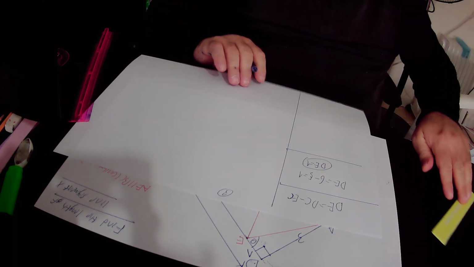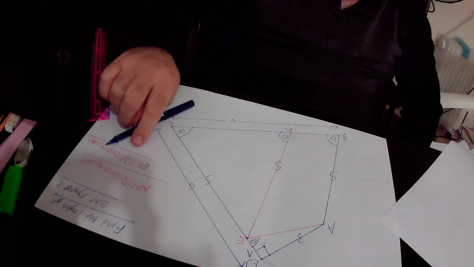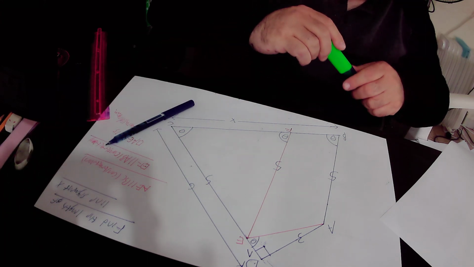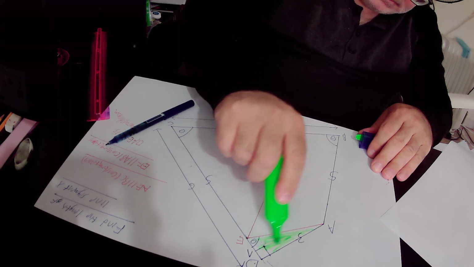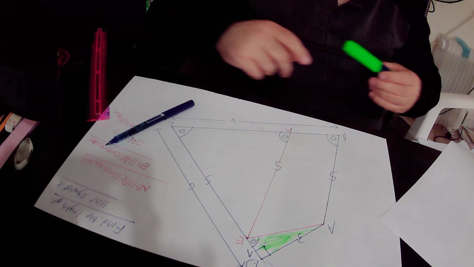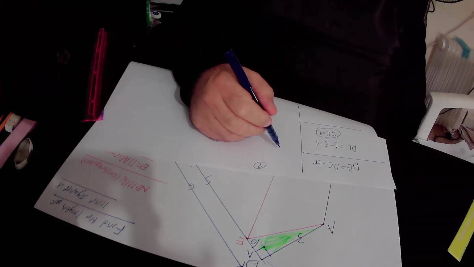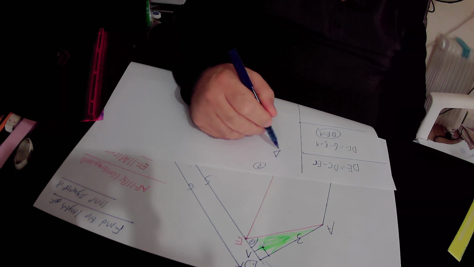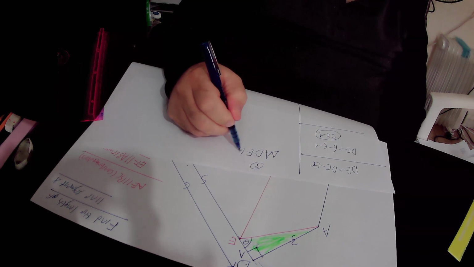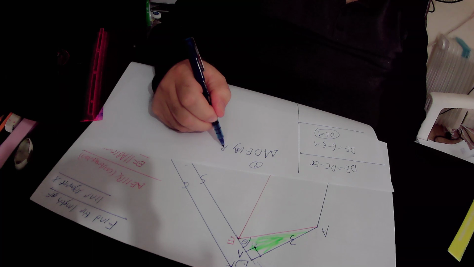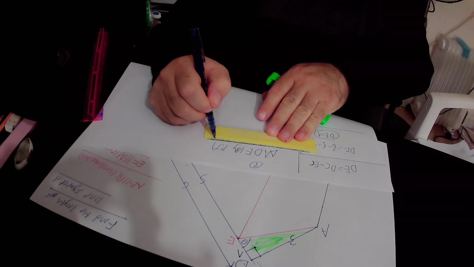In the next step, we will implement the Pythagoras theorem on the right, green triangle ADE. The square of the hypotenuse equals the sum of the squares of the perpendiculars.